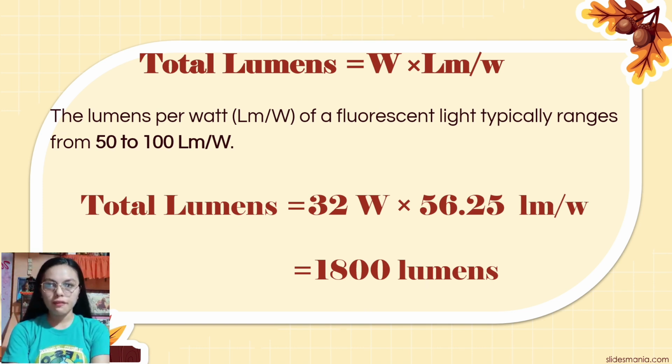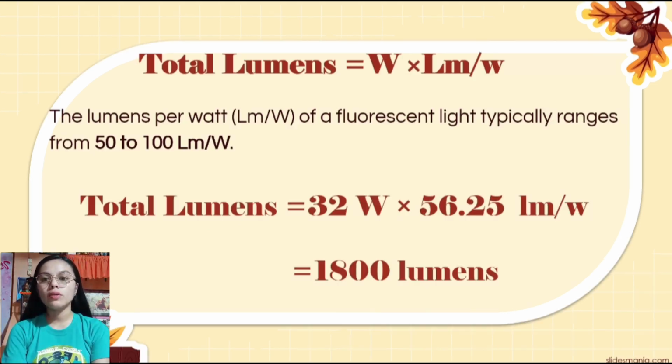But what if ang total lumens kay given na pero atong gipangita kay ang luminous efficacy, or the LM per watts. So, ang atong buhaton ni, ato na pong i-manipulate ang atong formula. From the total lumens equals W times LM per W, ang atong buhaton ni ngani is the luminous efficacy is equivalent to the total lumens all over the watts.